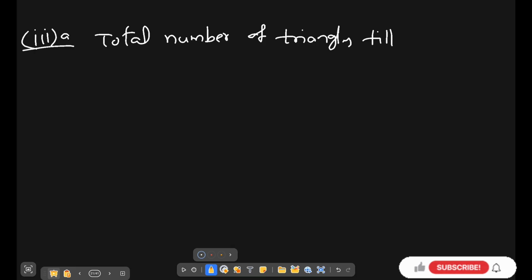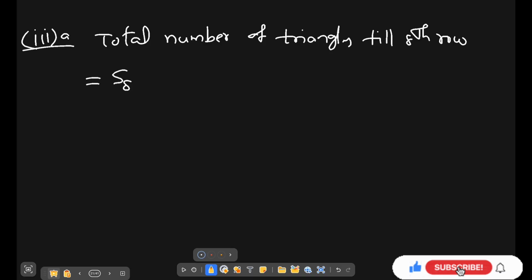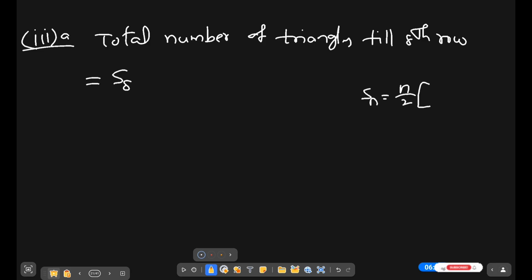So that means you will have to find S8. So what is the Sn formula? Sn is equal to n by 2 of 2a plus n minus 1 into d.